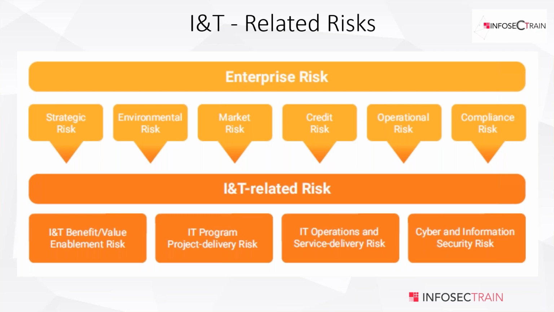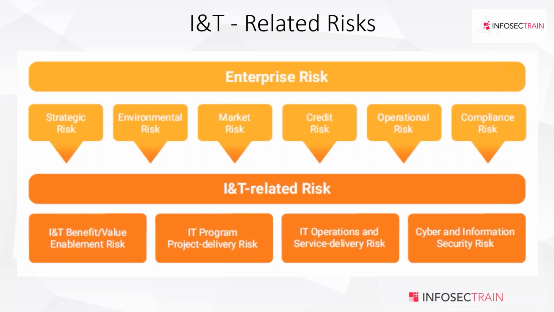And in this area, these risks nowadays are not only business or business process risks. The major contribution in enterprise risk management is coming from I and T related risk. This particular diagram I have taken from an ISACA publication itself. What is I and T? Information and technology related risks, right? In enterprise risk, we face strategic risk, environmental risk, market risks, credit risks, operational risks, compliance risk, and so on.